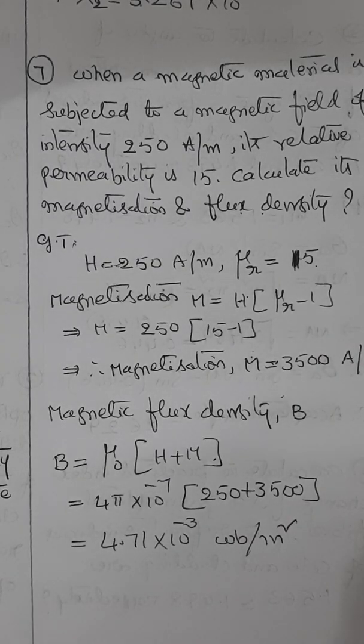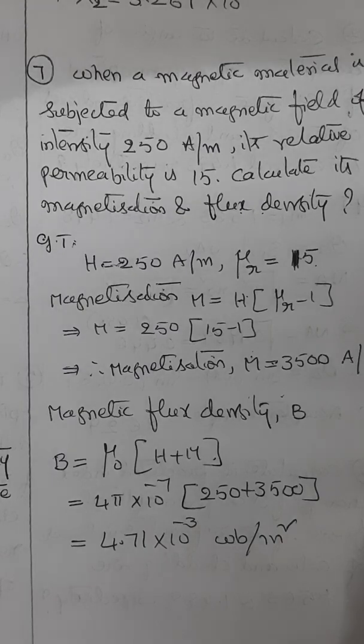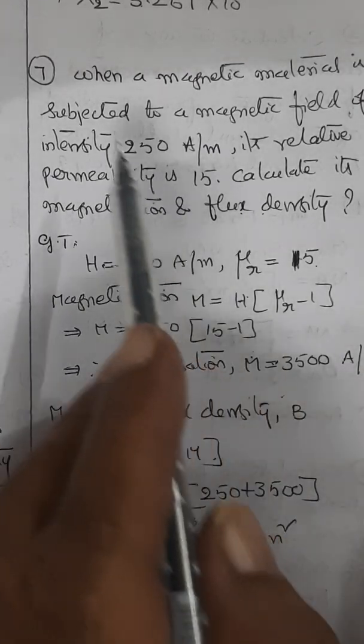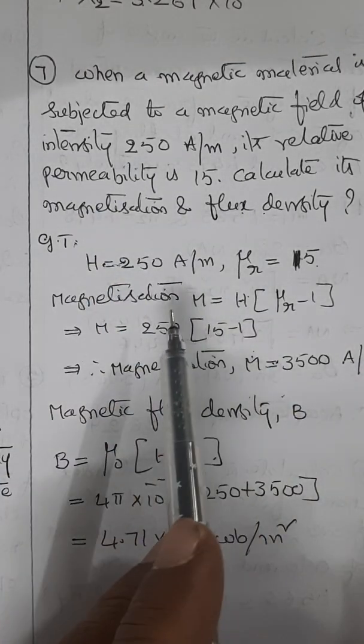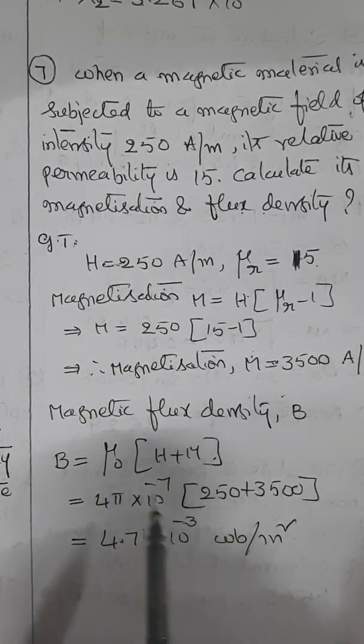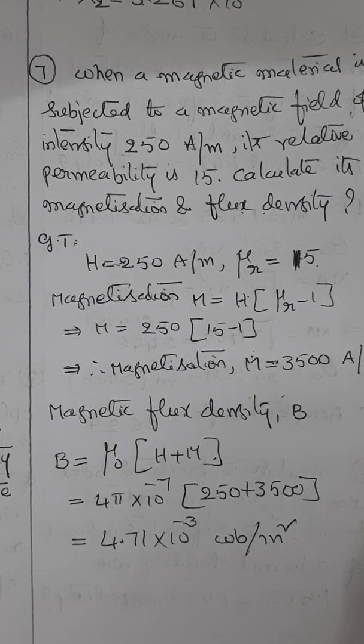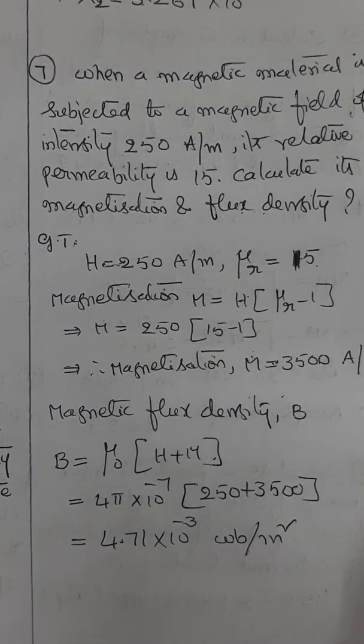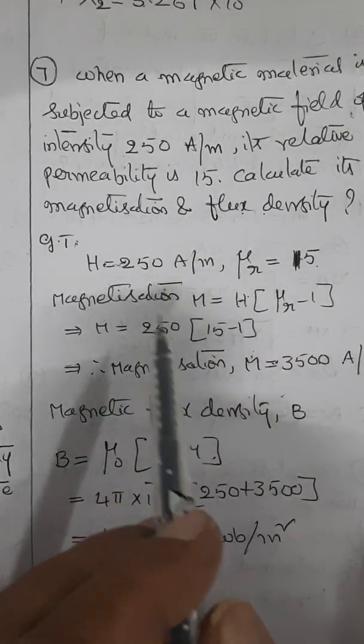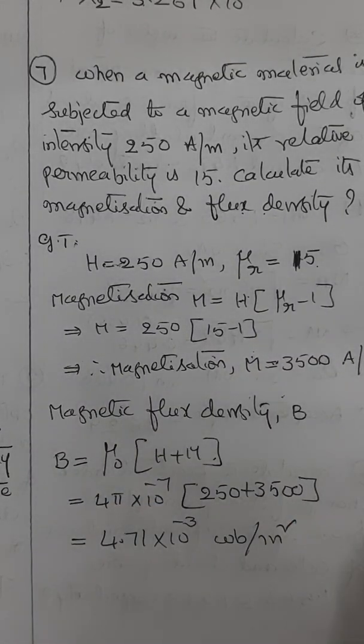So if you are thorough with all the video sessions of magnetic materials and also practice these numericals that are shown as examples, you can answer any question from magnetic materials. Right? Kindly follow this thoroughly, and based on that you can attempt any question on this. Okay? All the best.